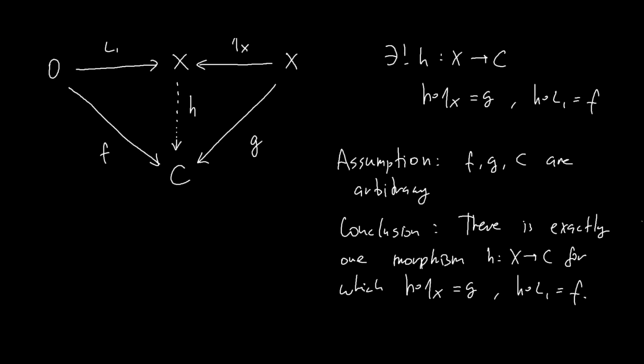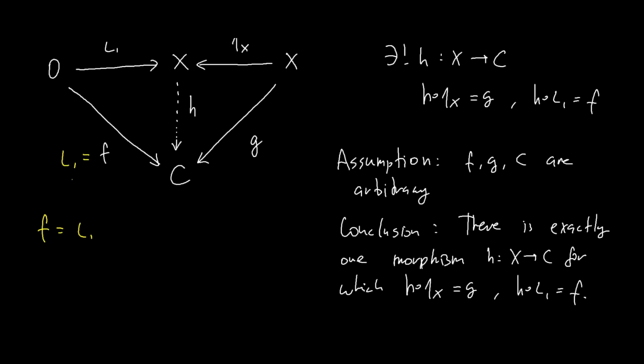Even though by definition of sum F, G, and C must be arbitrary, since 0 is an initial object, we can already make the conclusion that F must actually equal iota 1. But what we're looking for is to see what H must be equal to. So we can insert this in the diagram, F equals iota 1.